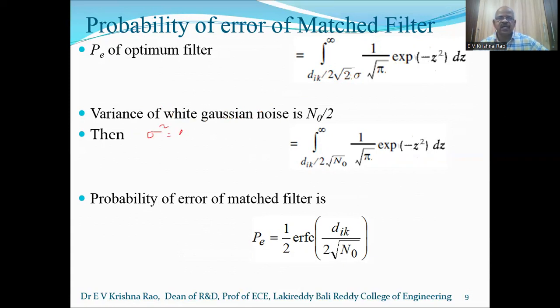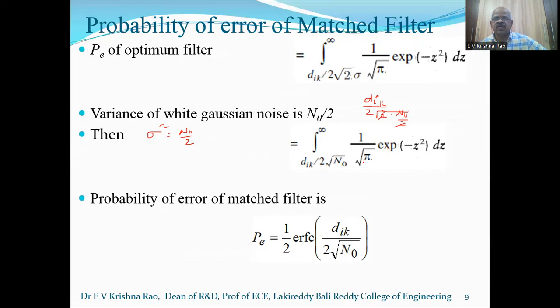If you substitute here, 2 dak by 2 root 2 n naught by 2 under root, so this gets cancelled, dak by 2 root n naught to infinity.